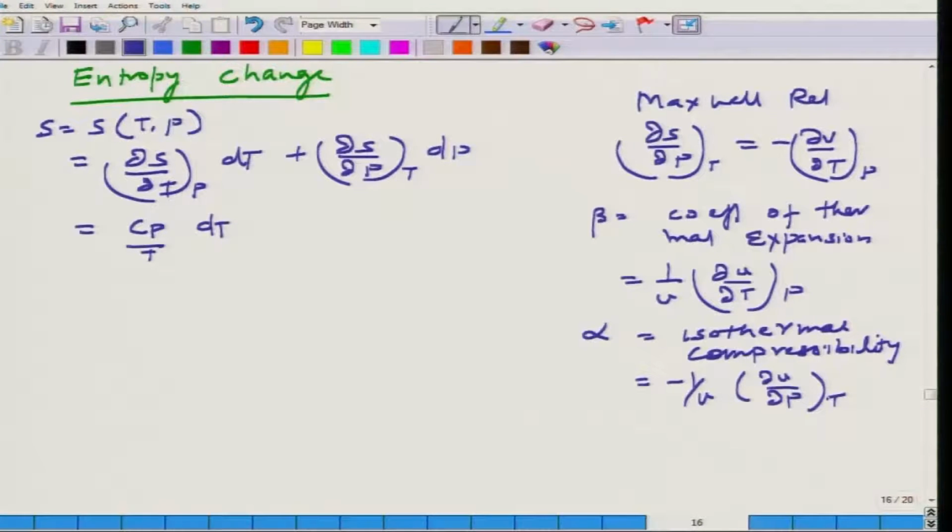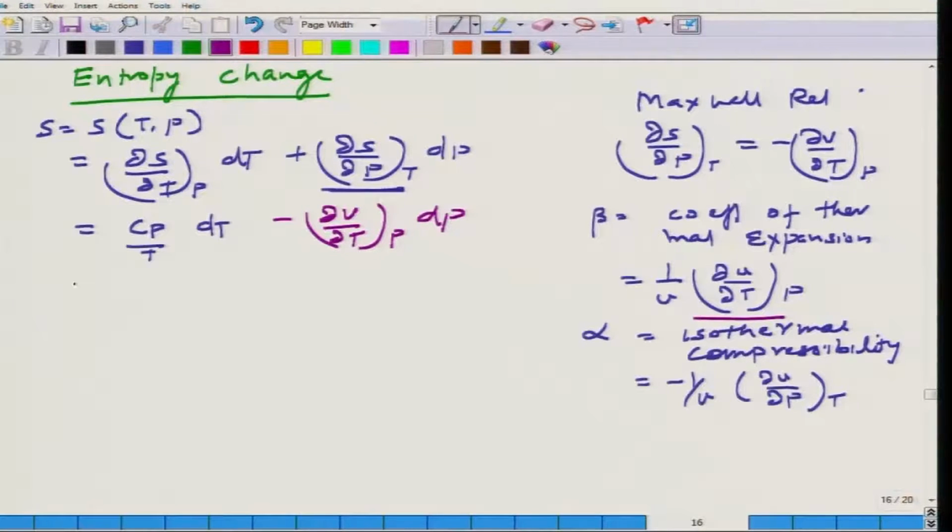So we are going to make use of these relations, the Maxwell relation and these two variables which we have defined, which depend on the changes in volume with respect to temperature or with respect to pressure. This term can now be written in terms of del V by del T at constant P dP, and this is nothing but connected to the coefficient of thermal expansion.